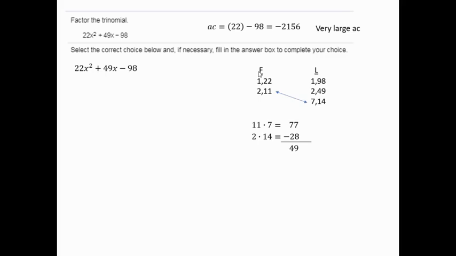Now these take a little bit of time. Oftentimes, whenever you're working with these factors, you're going to have to keep trying things. So I can continue on with the AC method here. I'm going to rewrite the middle term as 77x minus 28x equals 49x.